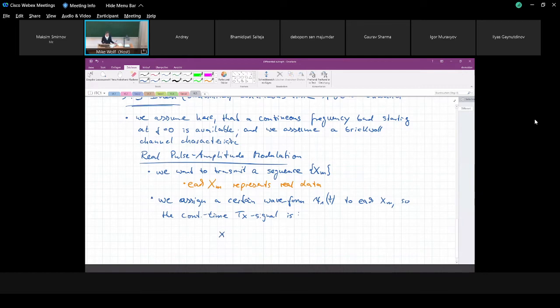So we have pulses, psi of t, and the pulse amplitude is modulated by our modulated symbols here, xm, to be transmitted. Each xm represents data. We can say it's a modulation symbol.